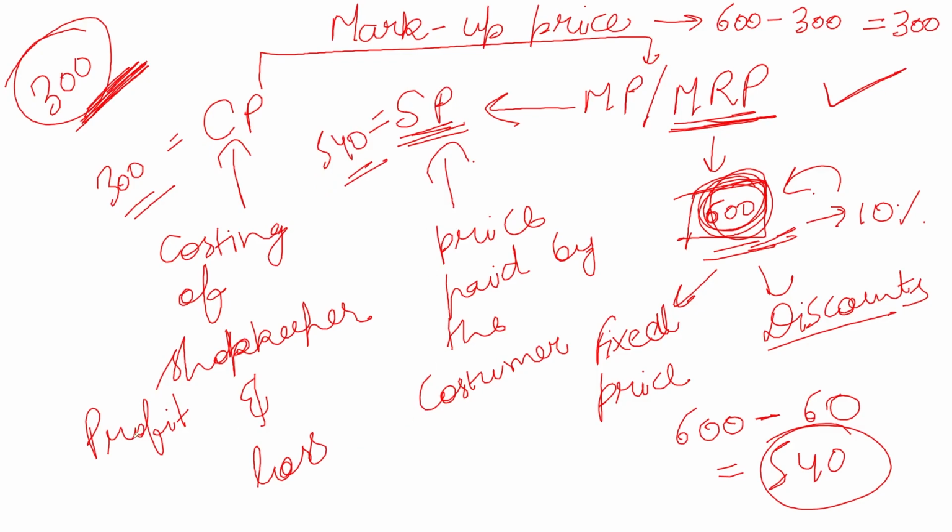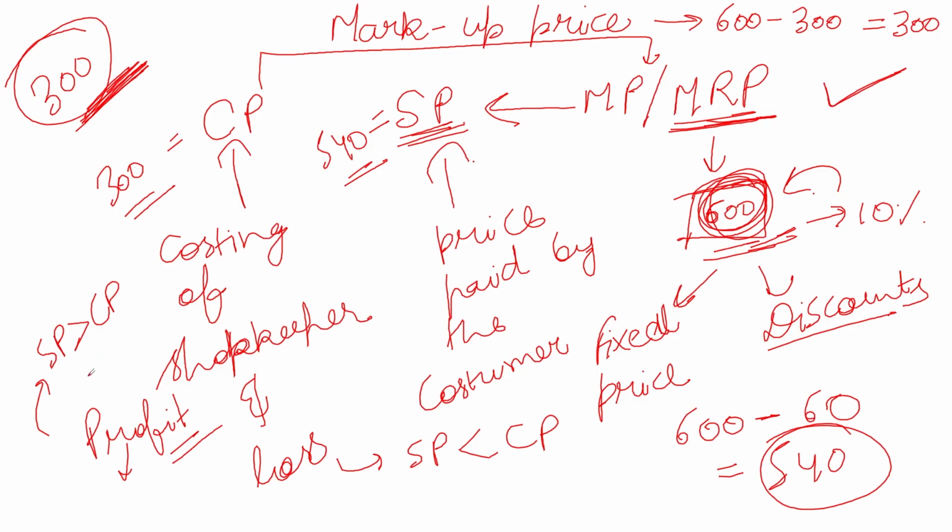In case the selling price is more than the cost price, there is a profit, and if the selling price is less than the cost price, that is a loss. Suppose you bought something for 100 rupees and you have to sell it for 80 rupees because it is not selling easily, so you are ready to sell it at a loss of 20 rupees.